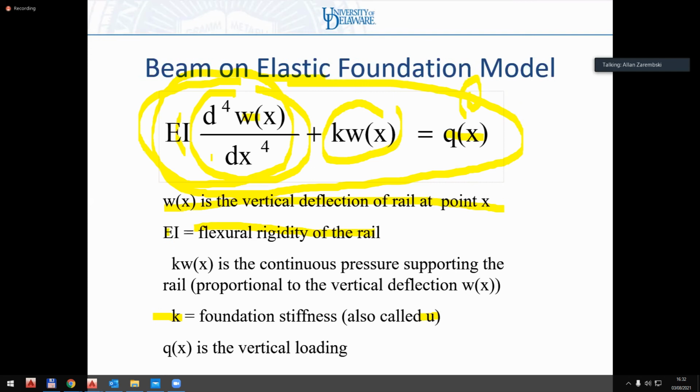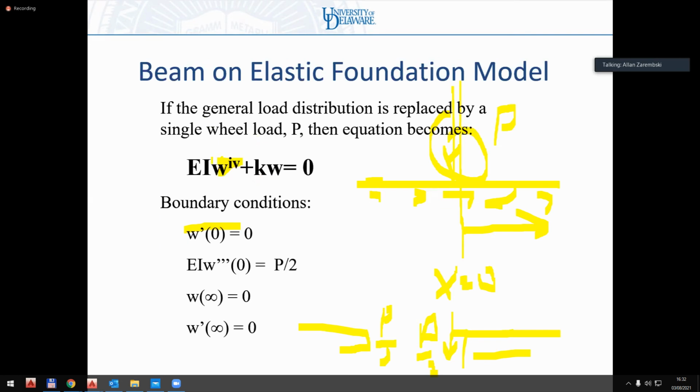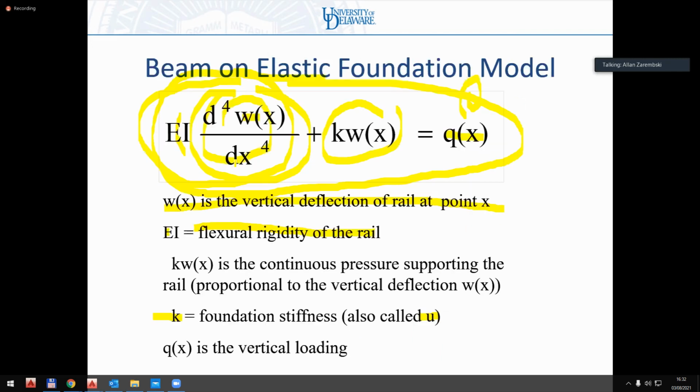When you get tired of writing this all the time, the fourth, d4w dx to the fourth, in classical differential equation literature, you write w to the fourth. So IV is a Roman 4. So it's basically the same term as d4w dx4.